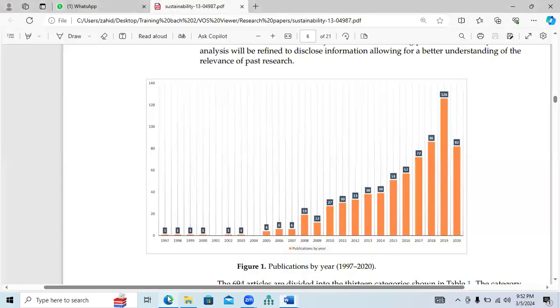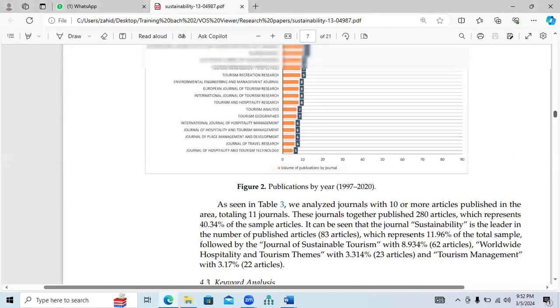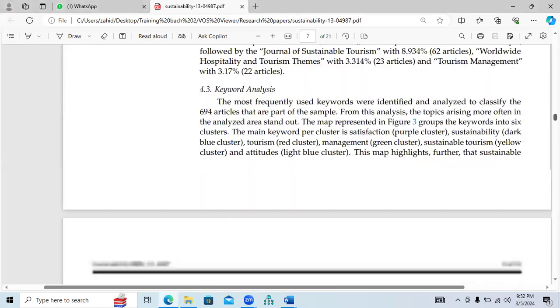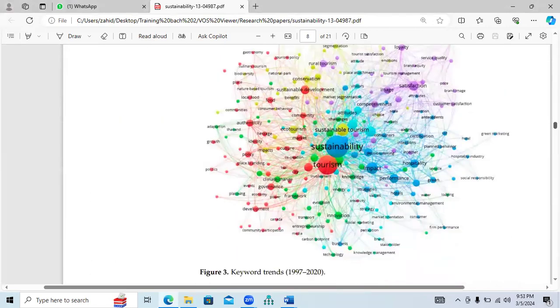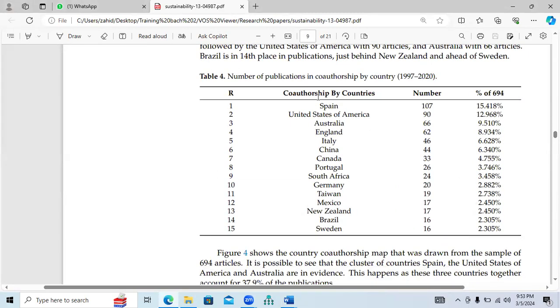For example, let me show you from this document. You can see here the ranking of the countries.